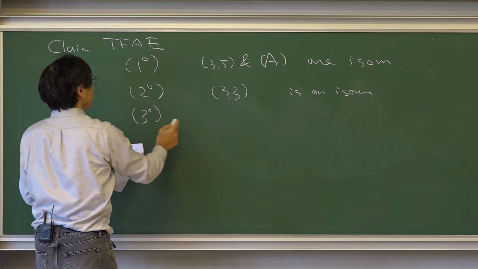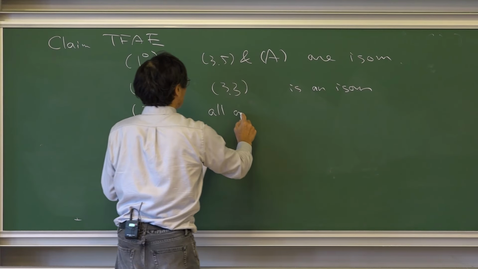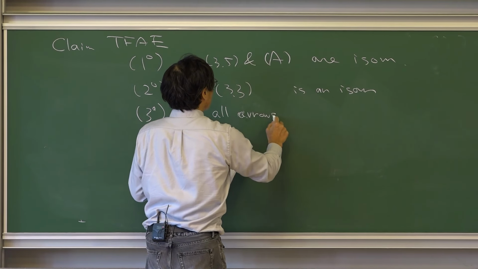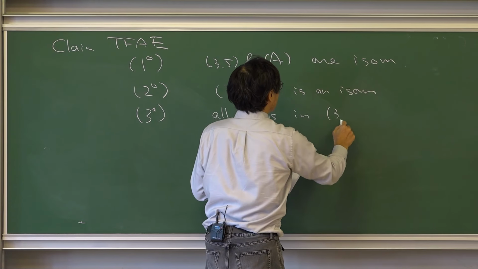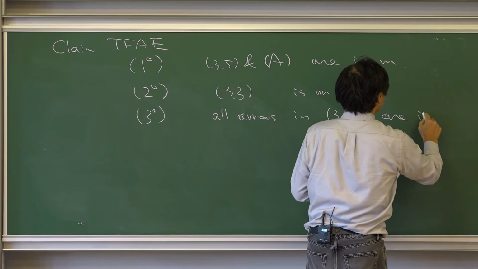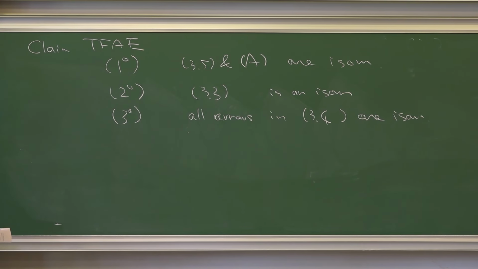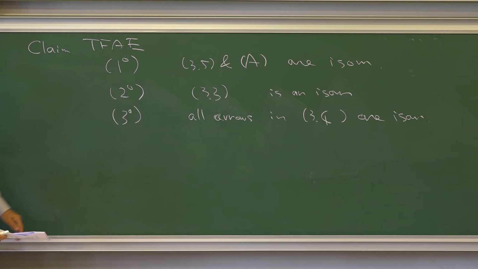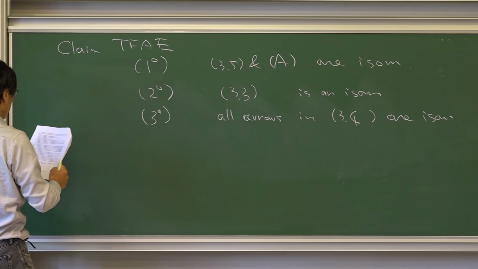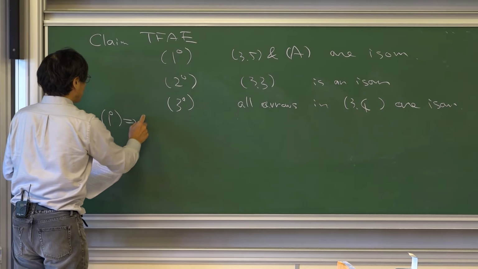And the last one is all arrows in 3.4 are isomorphisms. So we claim this. Okay. Let's prove this.